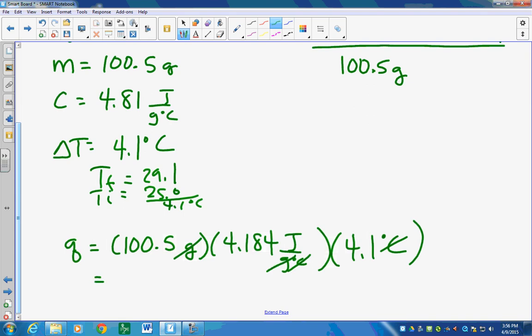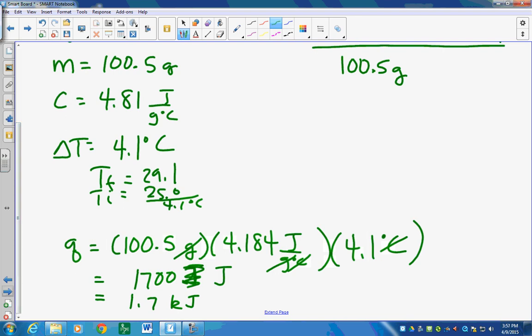I did this on my calculator when I was practicing, and I got 1,700 joules. Or you could also do 1.7 kilojoules. Either one of those is the answer for C. I hope that makes sense. It's not that bad.